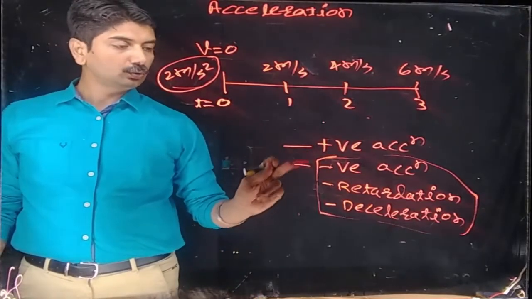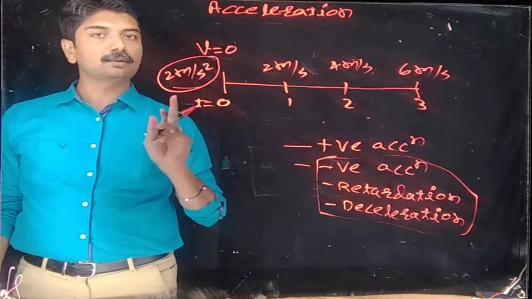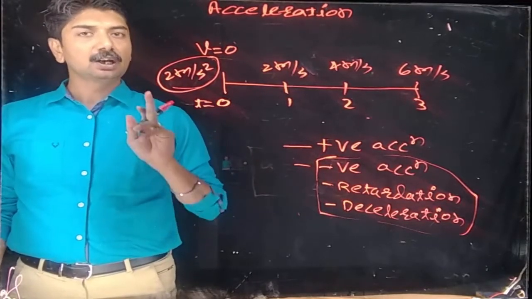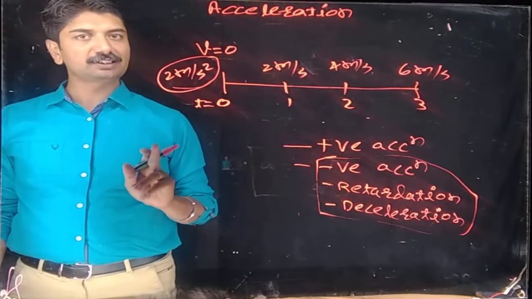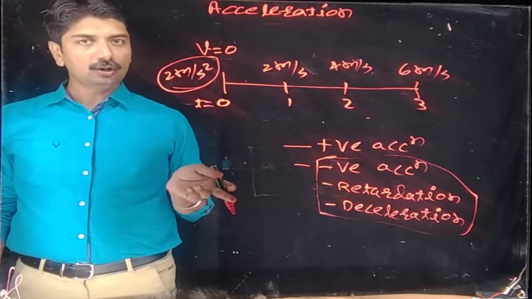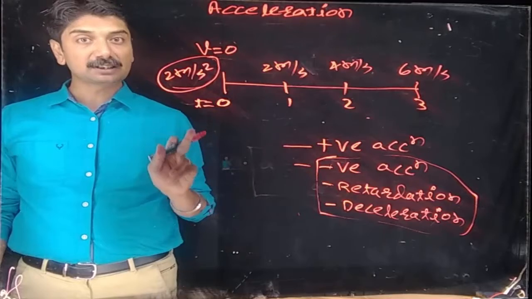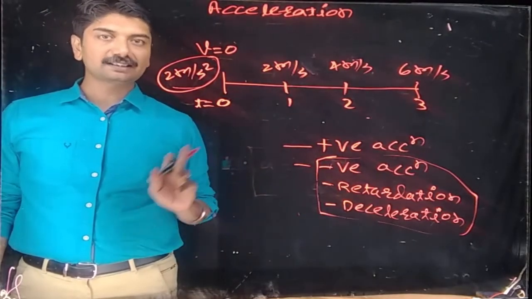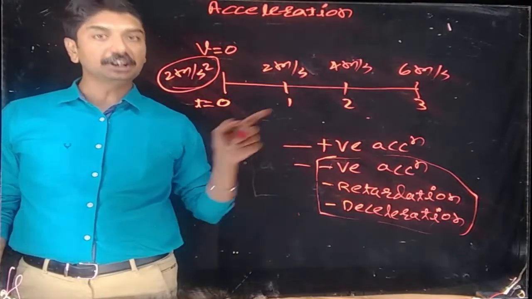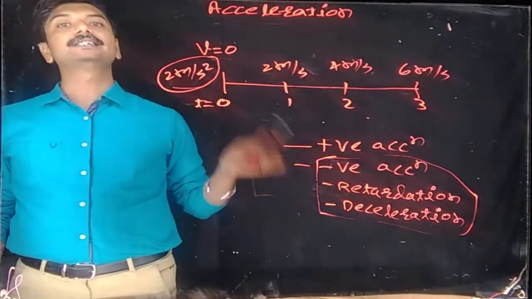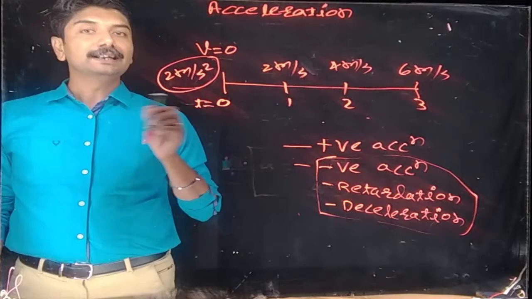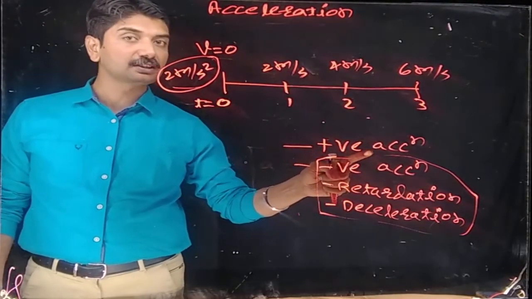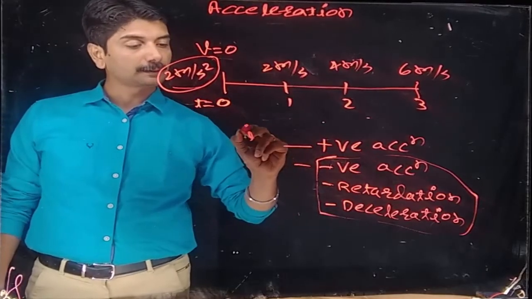Kindly remember, there are two different accelerations. In the case of velocity and displacement, whichever the direction of displacement, velocity is in the same direction. But acceleration is not necessarily so. Acceleration can be in the direction of velocity or in the opposite direction of velocity. If the acceleration is in the direction of velocity, it is called positive acceleration.